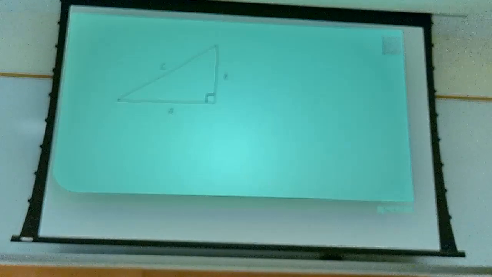Given a right triangle, what is our favorite theorem for right triangles? A squared plus B squared equals C squared. What's it called? Pythagorean theorem.